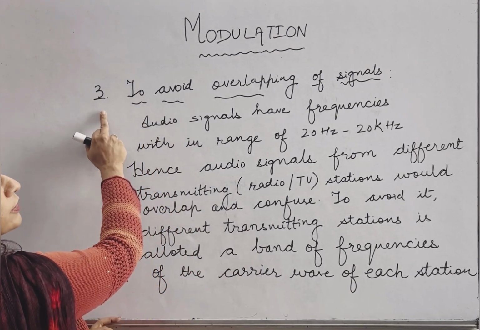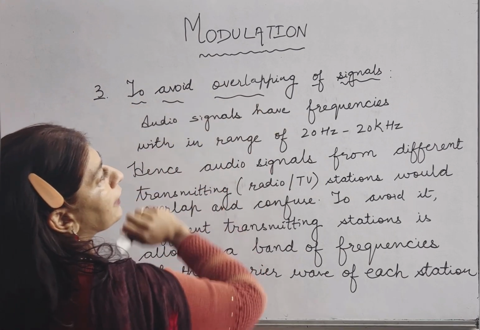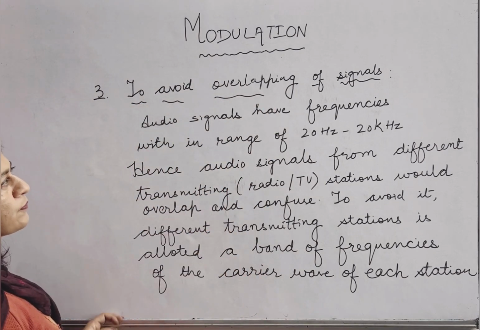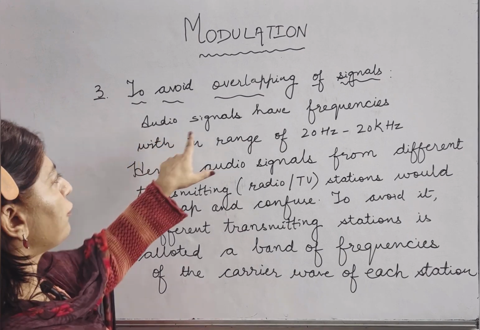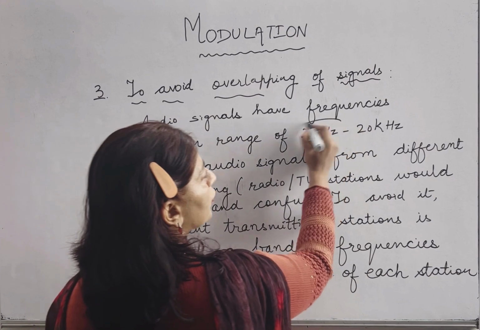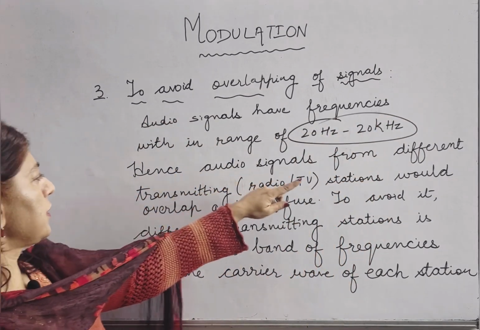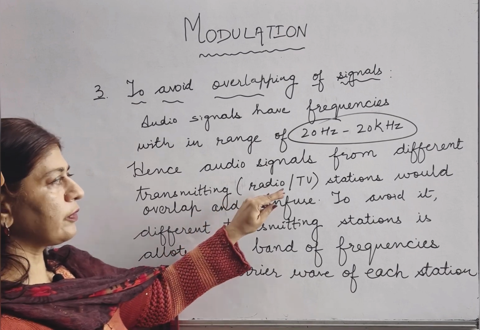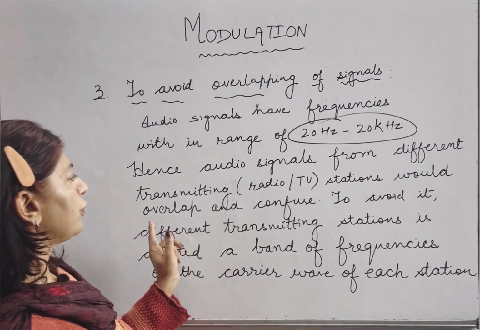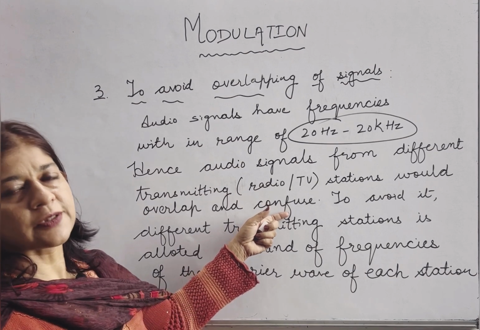The third point, for the need of modulation, is to avoid overlapping of the signals. Audio signals have frequency range of 20 to 20 kilohertz. This is a very limited one. Hence, audio signals from different transmitting radio or TV stations would overlap and confuse. We need to avoid this situation.